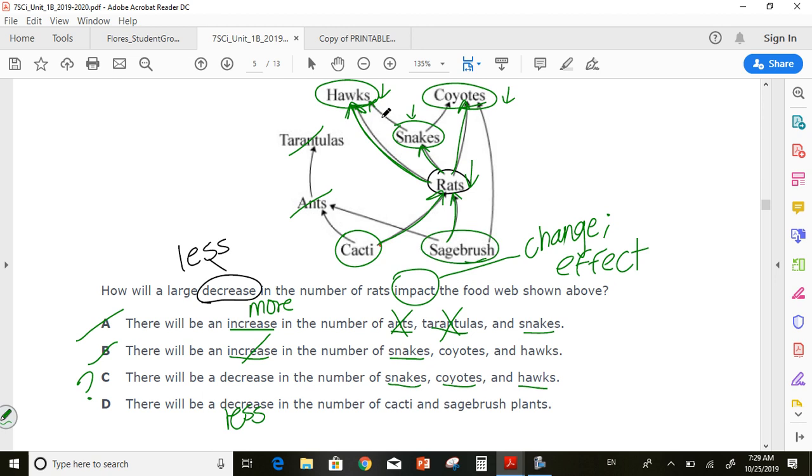Well, if the rats aren't eating the cacti or the sagebrush, then there would be an increase because they don't have a predator anymore. So D cannot be your answer. C must be your answer because there's a decrease and for sure there's a snake, coyote, and owl connected to the rat.